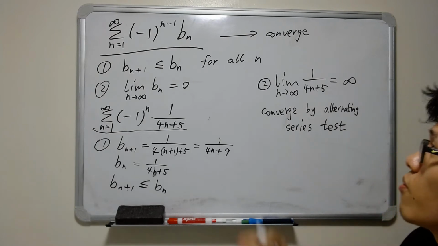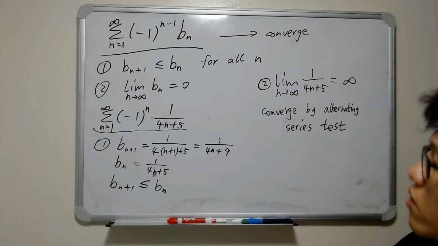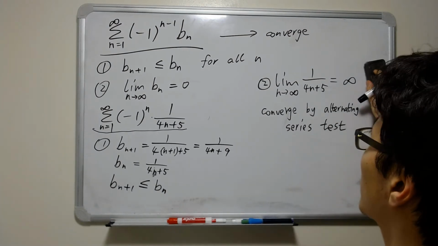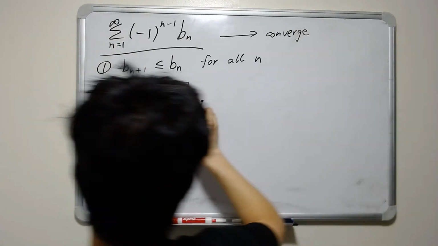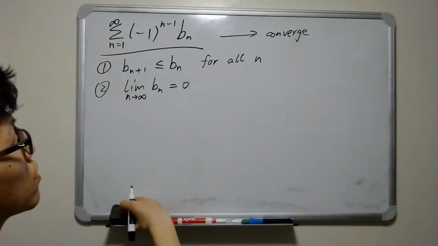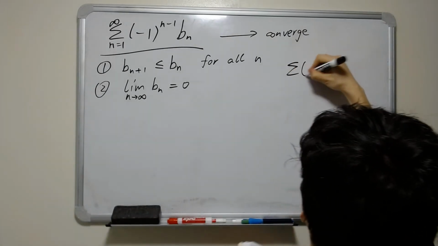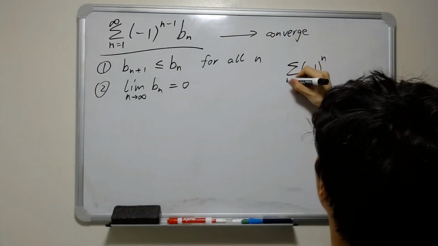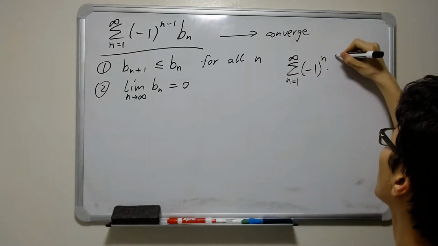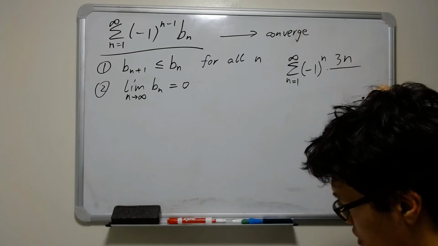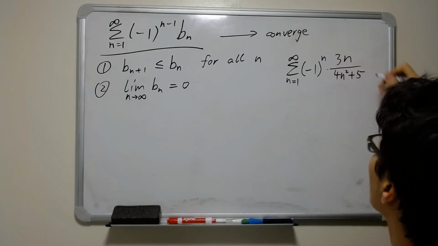Okay, one more example on the alternating series test. The second example is an alternating series: the summation of (-1)^n times 3n over, for example, 4n squared plus 5.